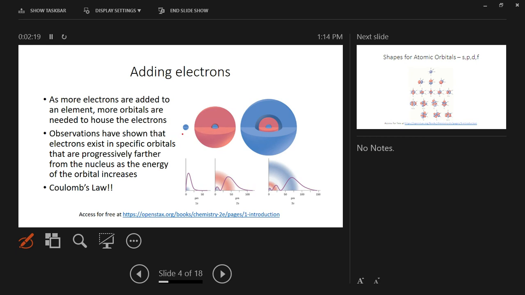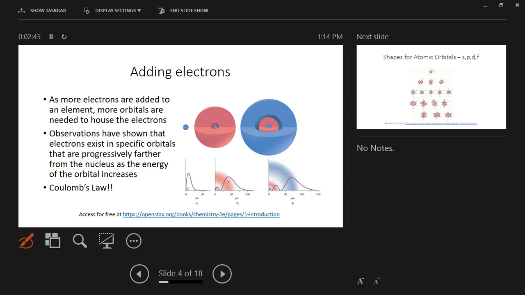There's a 1s orbital here where the electrons are very close to the nucleus, and then you have the second energy level where they're farther away from the nucleus. But notice this node right there, there is no electron density there, right? The electrons have to be promoted by adding energy to them to hop from the 1s orbital to the 2s orbital where they're farther away from the nucleus.